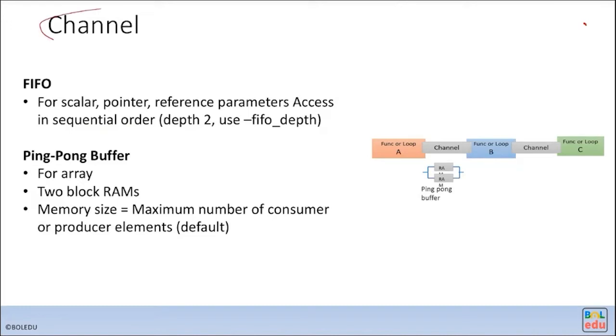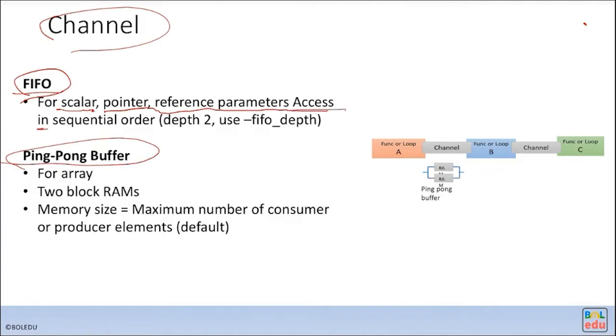The channel has two types. One is FIFO and one is ping pong buffers. For HLS, it creates a FIFO for scalar, pointer or reference parameters, as long as they are accessed in sequential order. It's very important that it has to be sequential order.